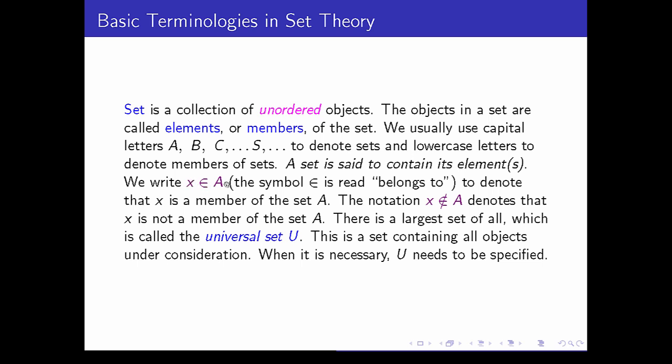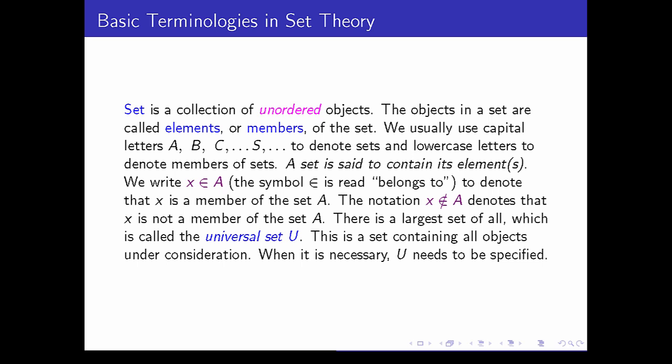So this whole thing is read x belongs to A. That means x is a member of set A. And then we use a similar notation, but now with a forward slash right in the middle of the belongs to symbol. This means that x does not belong to set A. In other words, it is not a member of set A.